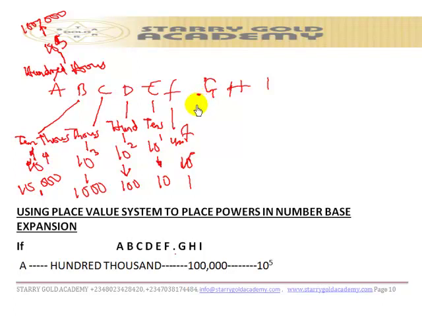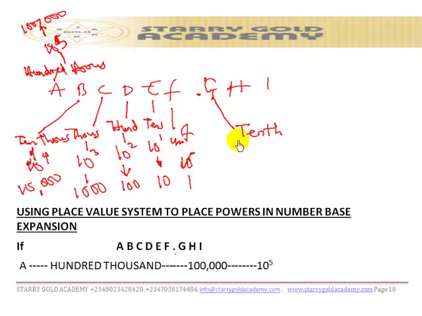What about numbers after the decimal point? The first number after the decimal point is called your tenth. Not tenths now. Tenth is the opposite of tens. The opposite of tens is tenth.